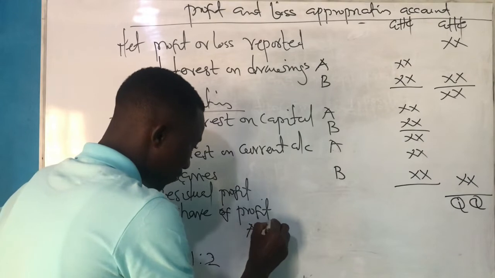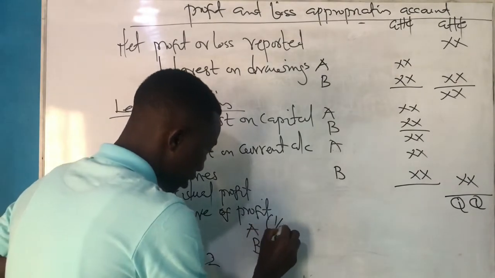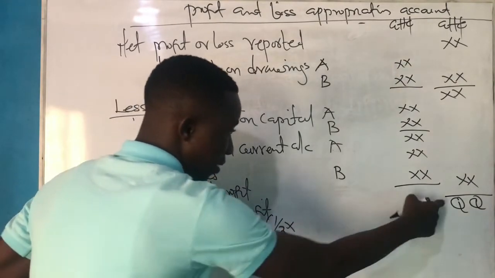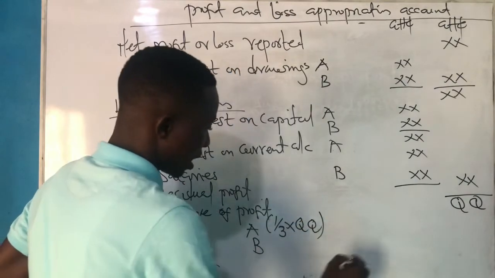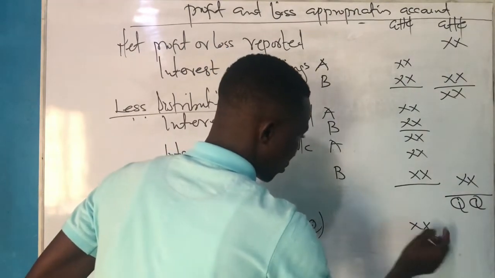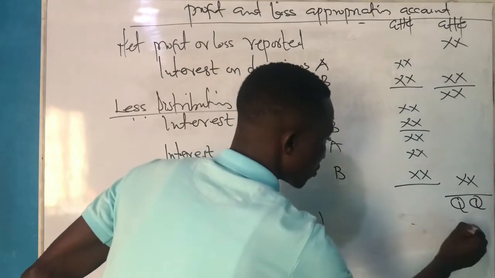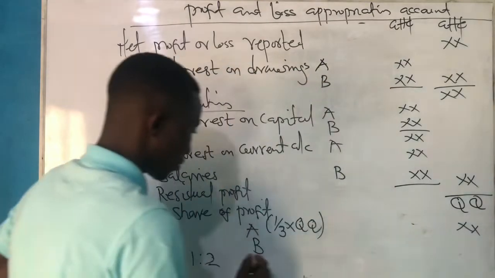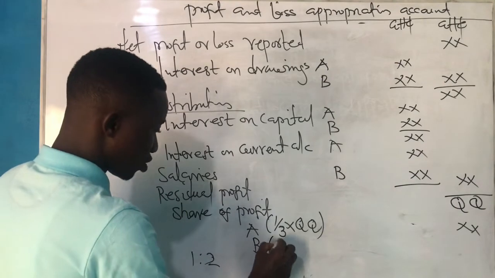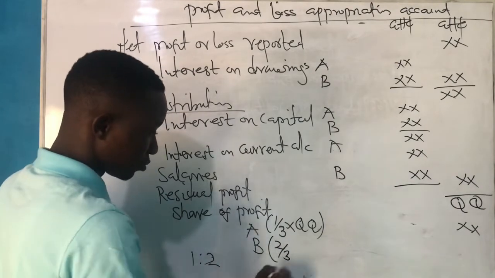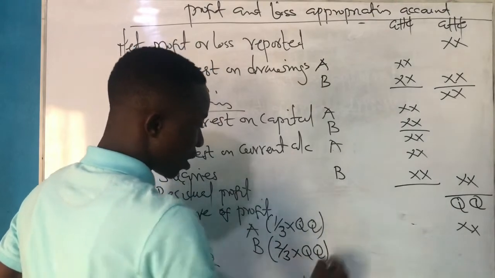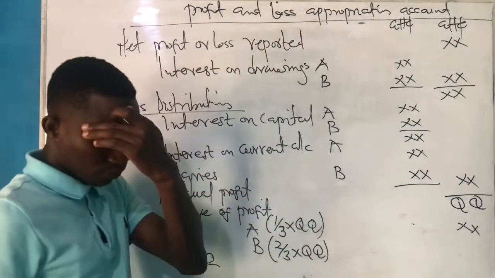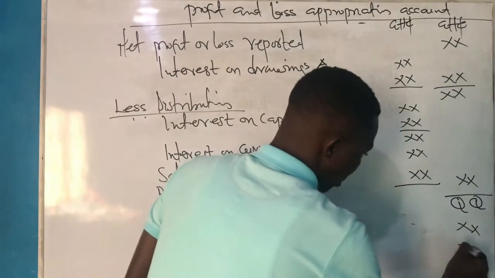So we are going to have 1/3 multiplying by the QQ, and that is going to give us an amount. And that is 2/3 of QQ, the residual profit, and it is also going to give us an amount.